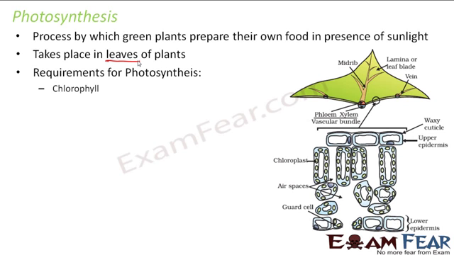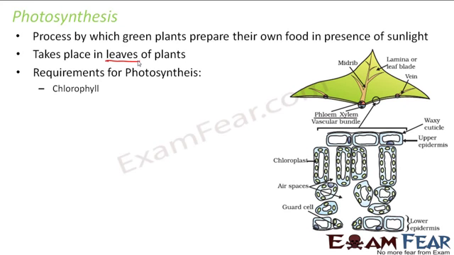The very first requirement is chlorophyll. So what is chlorophyll? It is a green colored pigment which is present inside a cell organelle called chloroplast. Do you all remember while we were studying the lesson on cell in class 9, we talked about plant cell and animal cell, right? So inside the plant cell, we had a cell organelle called chloroplast.